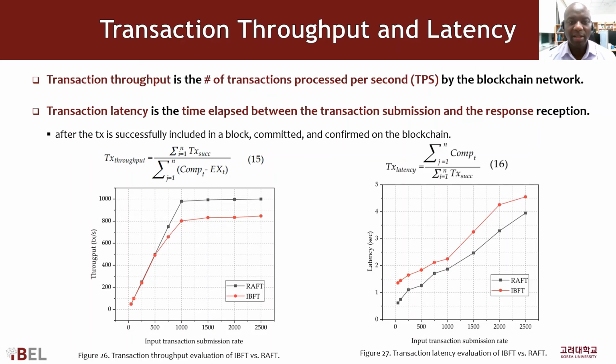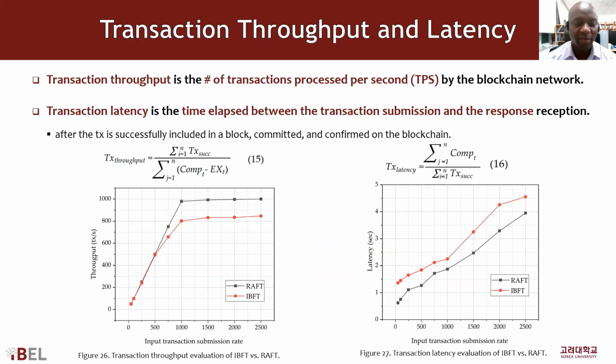We have also analyzed the transaction throughput and latency of our blockchain network. By transaction throughput, we mean the number of transactions processed per second by the blockchain network, while the transaction latency is the time elapsed between the transaction submission and the response reception time. In the figure, we analyze the impact of input transaction submission rate on the transaction throughput.